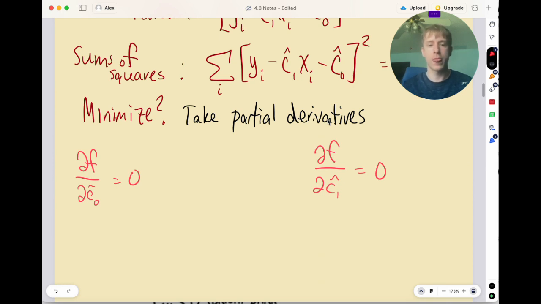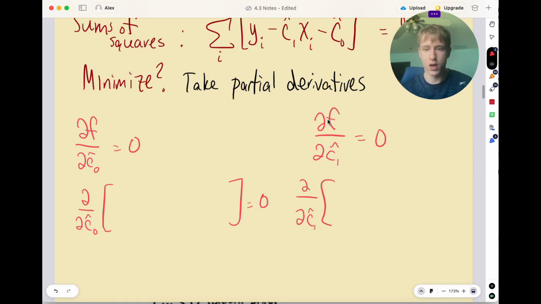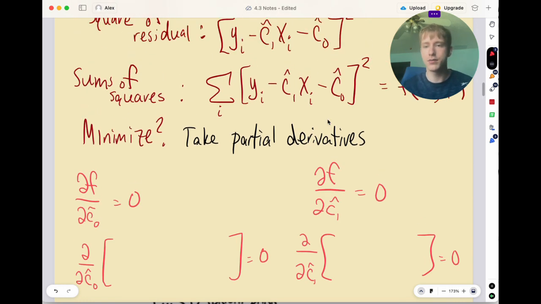Okay, so again, what's that going to look like? Well, that's going to be partial with respect to c0 hat of this quantity, which is going to equal 0. And we're going to have the same thing over here, partial with respect to c1 hat of this quantity is going to equal 0. Where the quantity, I'm just going to go ahead and copy and paste this.